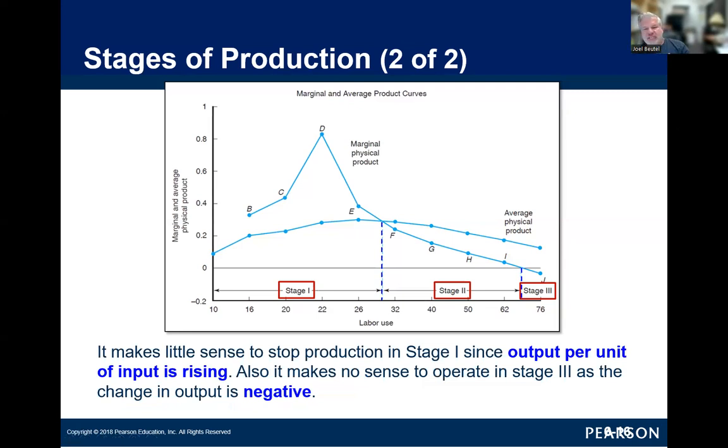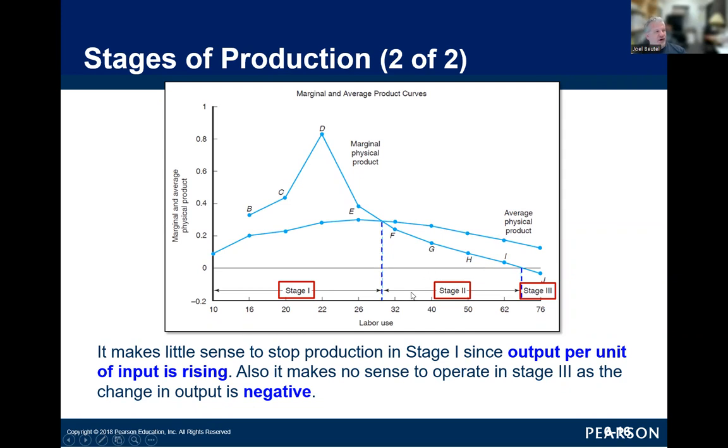So there's no sense in stopping production in stage 1, right? You're growing, you're making more. You might as well add more workers because your output per unit of input is still going up. It also makes no sense to operate in stage 3 as the change is going to be negative. So what we're really looking at is stage 2 to determine the optimal amount of workers to use to maximize production and maximize income, right?